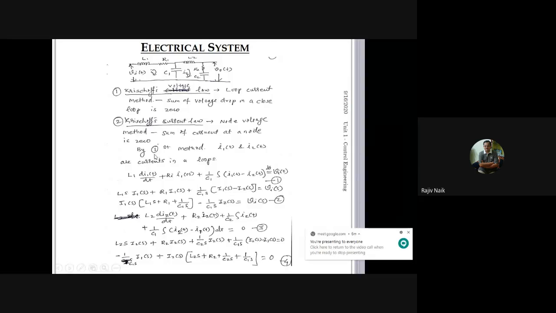That is what I have written. The voltage drop across this inductance L1 is L1 di1(t)/dt.